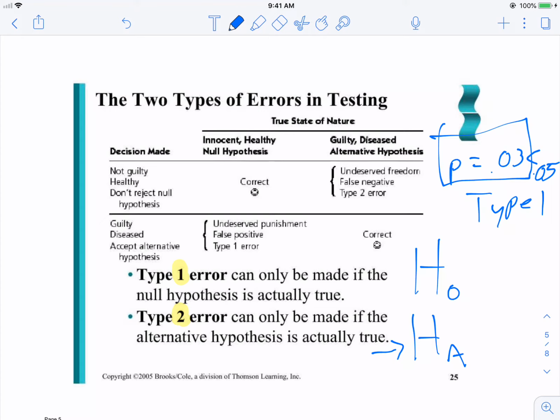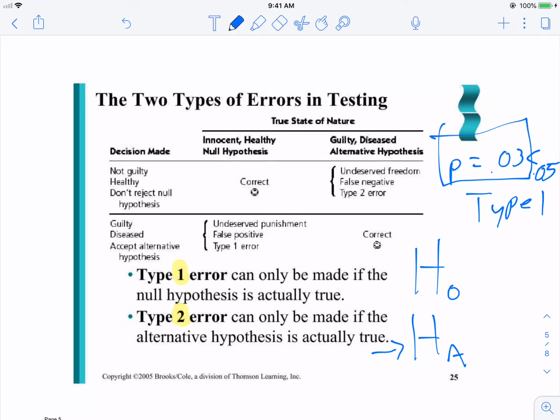Because 3% is pretty rare, we reject that null hypothesis, accept the alternative that it's not chance variation, that there's actually something going on, that there's actually a relationship here. But 3% is still a quantifiable amount. Okay, 3% still happens. 97% of the time it doesn't, but 3% of the time it does. So the probability of making this type 1 error is 3%.